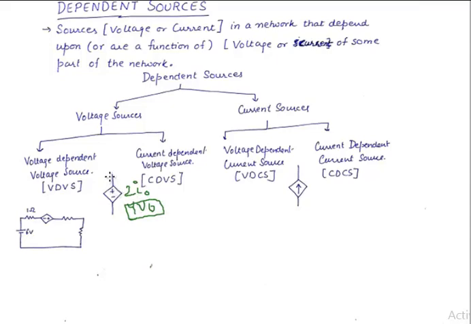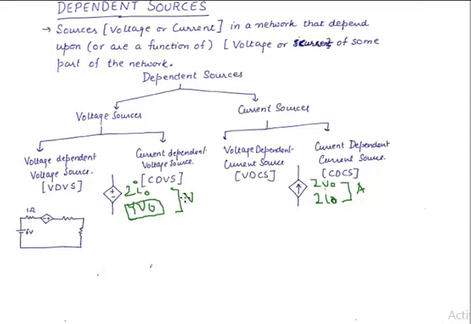So you need to be familiar with the symbol of the dependent voltage source, and the dependent current source again has a rhombus like symbol, but it has an arrow in it. Depending upon whether it's a voltage dependent current source, it will have some values like 2I0 or 2V0, but please understand the units of this will always remain ampere, and the units of the voltage source will always remain volt.